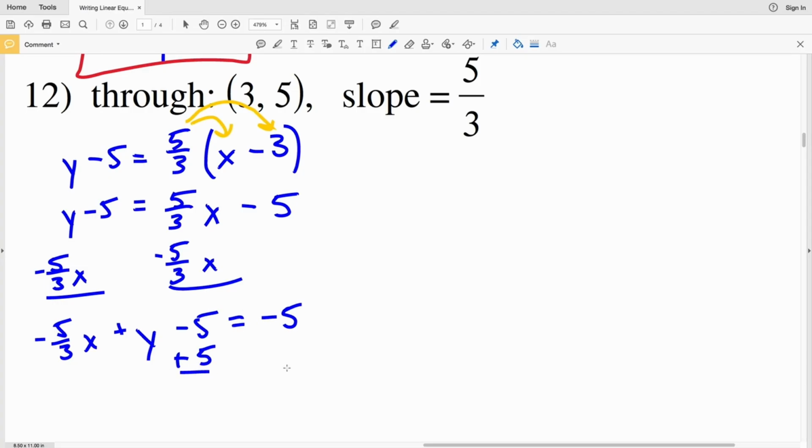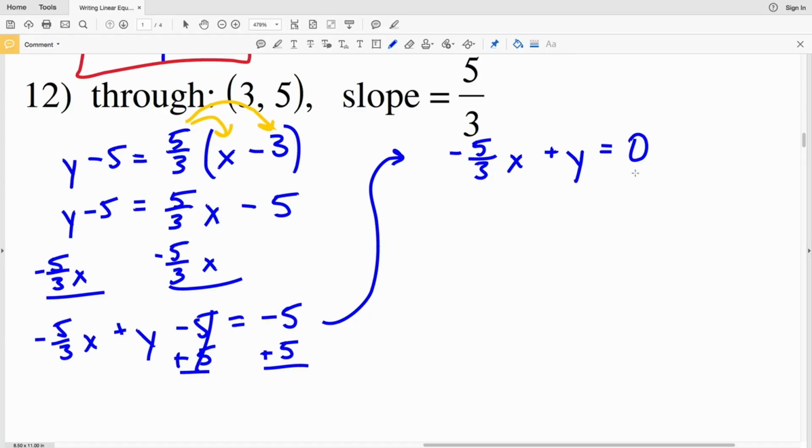Then we'll add 5 to both sides. That will give us negative 5/3 x plus y equals negative 5 plus 5 is 0. And we're almost in standard form.